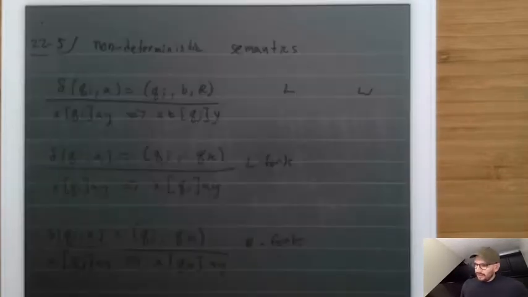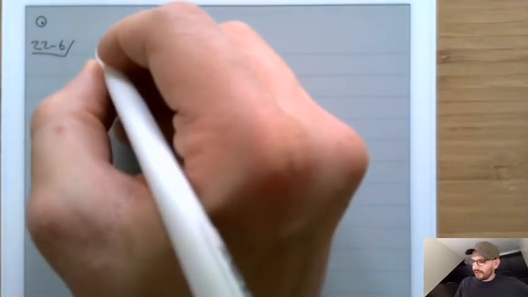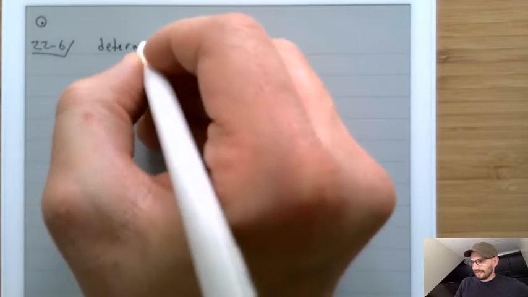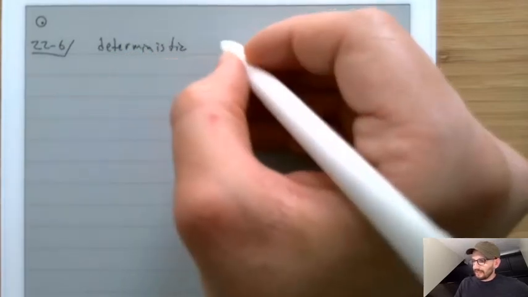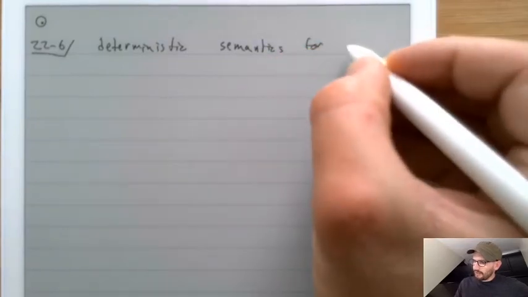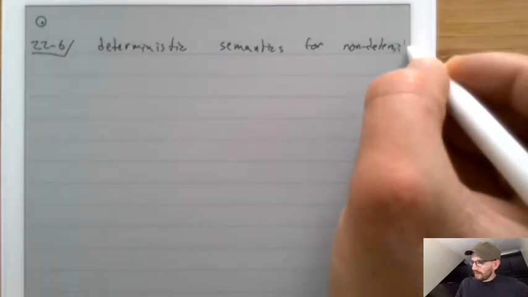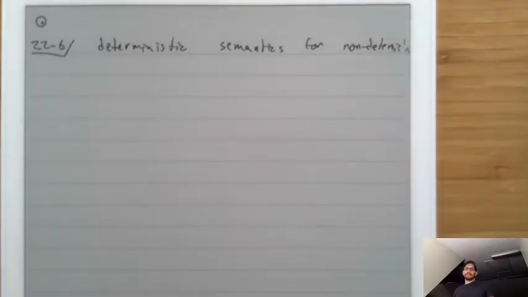So how then can we convert it into a Turing machine? Instead, what we want to do is give a deterministic semantics for non-determinism. Now, how can we do that?